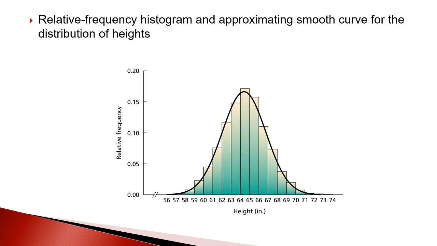As you can see, the relative frequency is on the vertical axis and the height is on the horizontal axis, and these are the bars for each relative frequency for each interval, and this is the smooth curve of the relative frequency, and it's bell-shaped.